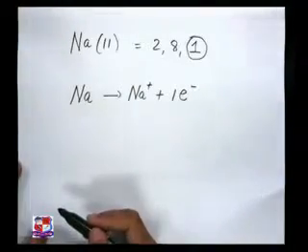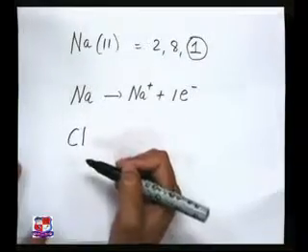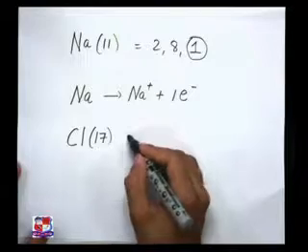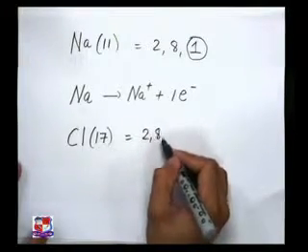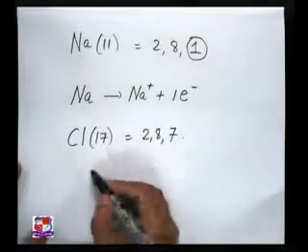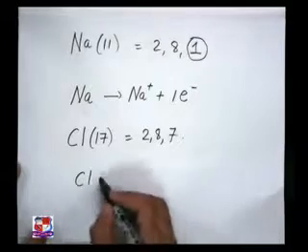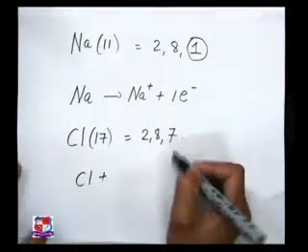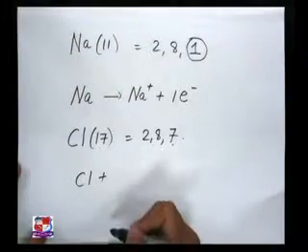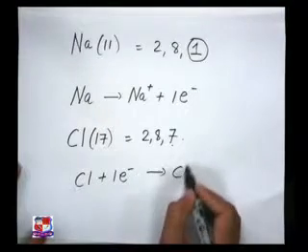Clear? Similarly, when you talk about chlorine, what happens? It has atomic number 17, so you can write here 2, 8 and 7. Then you can see here that chlorine is going to accept one electron because it is short of one electron. Here it has only 7 electrons, so it is going to accept one electron and form Cl minus.